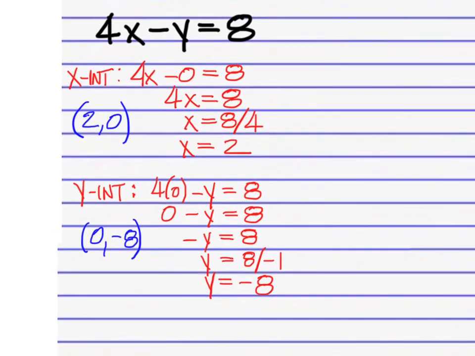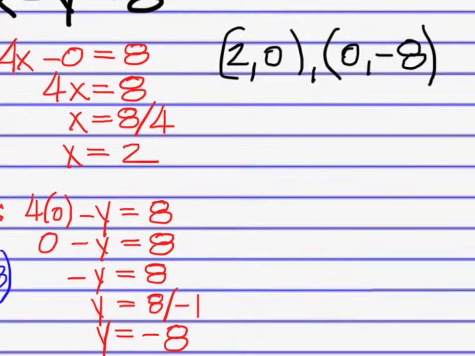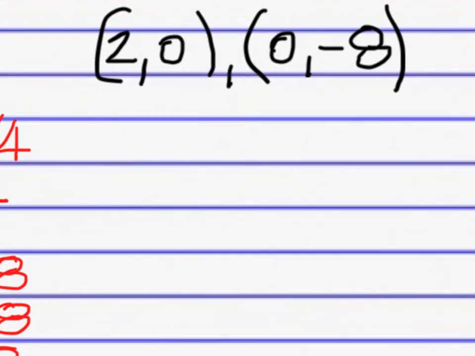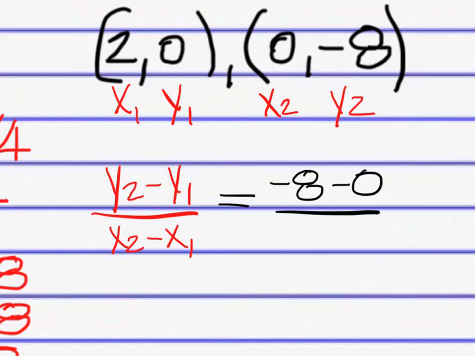So now you have 2 points. You have 2, 0, and then 0, negative 8. Use those 2 points to find the slope. So that's x1, y1, x2, y2. The formula is y2 minus y1 over x2 minus x1. So that's going to give me a negative 8 minus 0 over 0 minus 2.